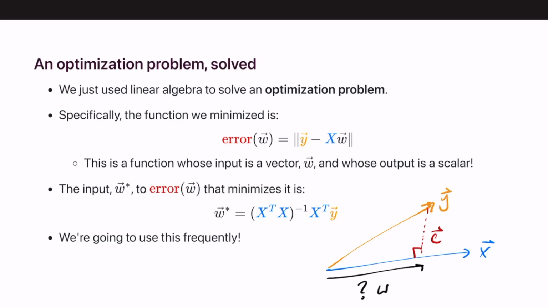That is a minimization problem because we are finding the optimal value for the scalar w such that we determine when the vector e is orthogonal. And that's the whole point of this.